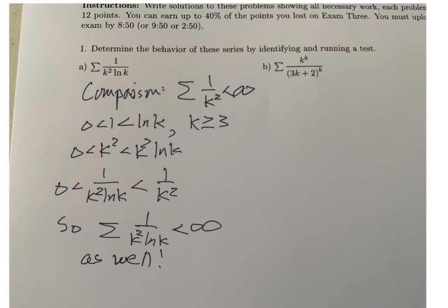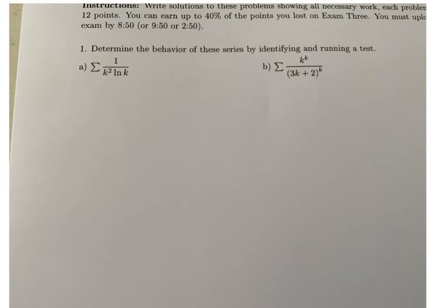I said we could do either test, so I'm going to do the limit comparison now. So get rid of that. Oops, grab my pen. And again, I'm going to compare to the p-series 1 over k squared. For the limit comparison, we calculate a limit.